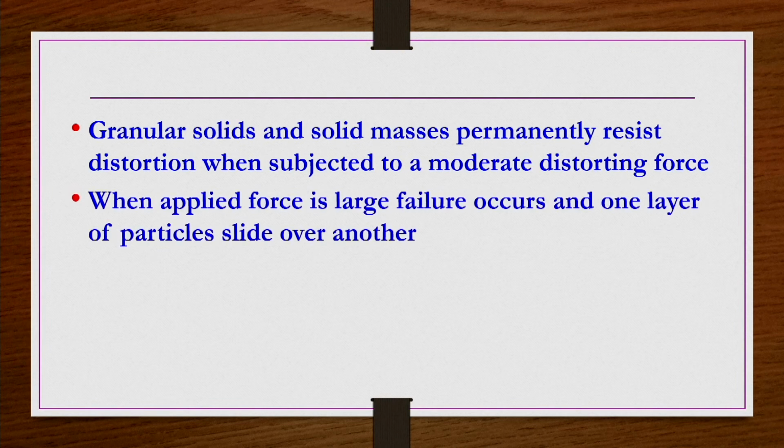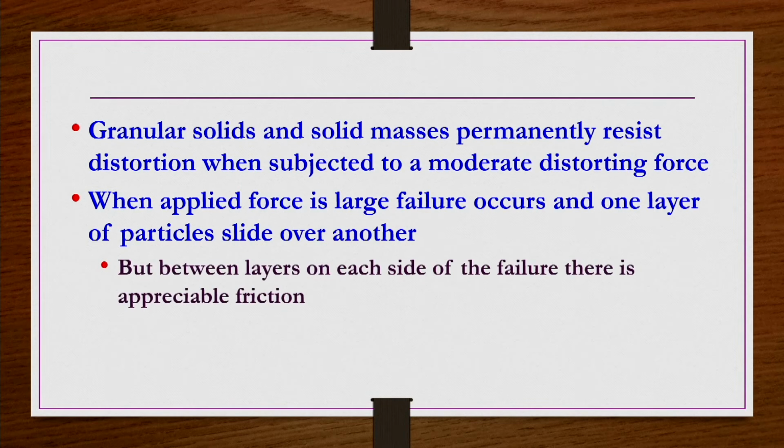However, when the applied force is large, failure may occur, and then one layer of particles slides over another and may start flowing. However, between the layers on each side of the failure, there is appreciable friction.